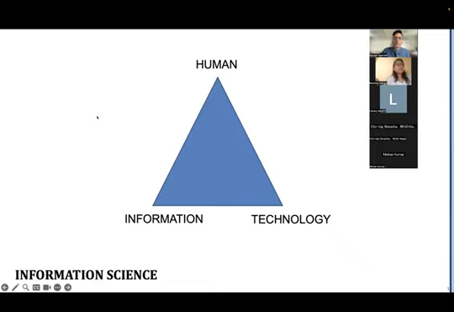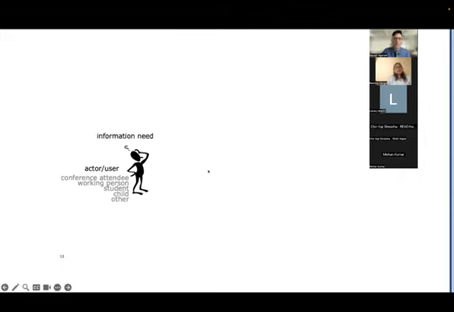So this is information science, basically the space of the interaction between a person, information, and technology. At the heart of my research is the actor or the user, which in our case would be a library patron, most likely the people who use the library in Nepal and other countries in South Asia. It could be a conference attendee, a working person, a student, even a child, or any other person. This person has some need for information, and when the person has a need, they start looking for information.